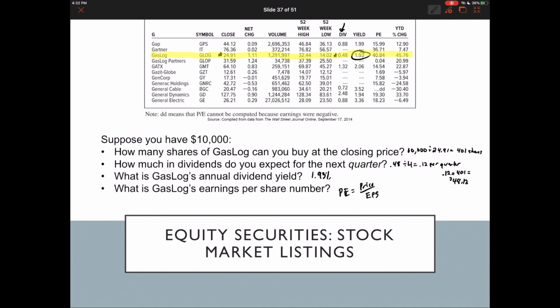They gave us a PE ratio of 40.84, and we take the price of $24.91 and divide by the earnings per share. Solving for earnings per share, they would have had 0.6099. So they are generating almost 61 cents in net income per share outstanding. That's what earnings per share is showcasing.